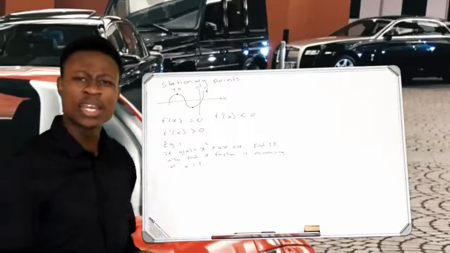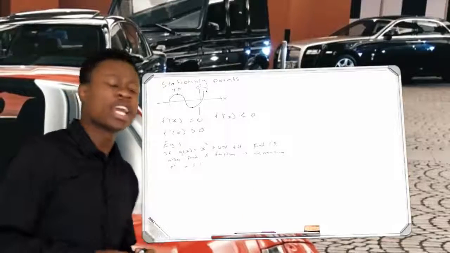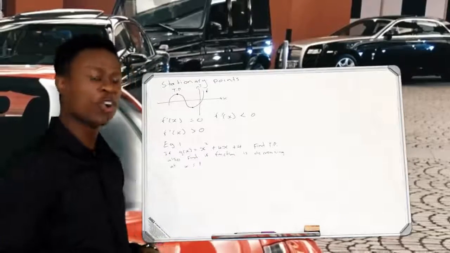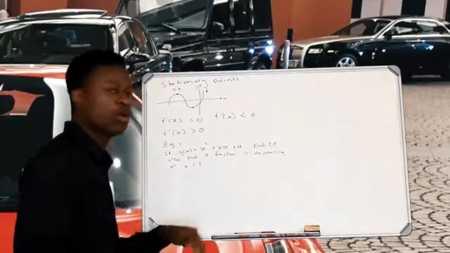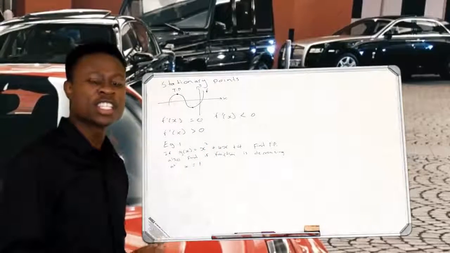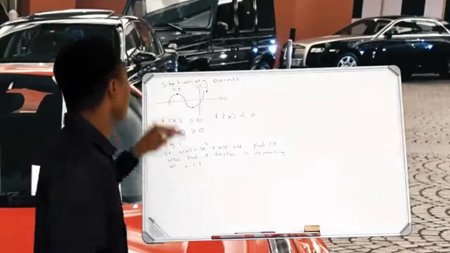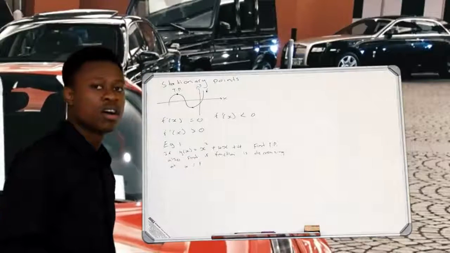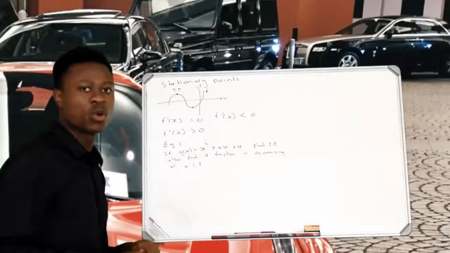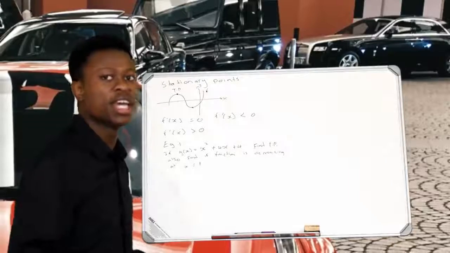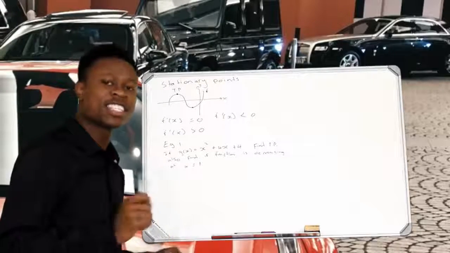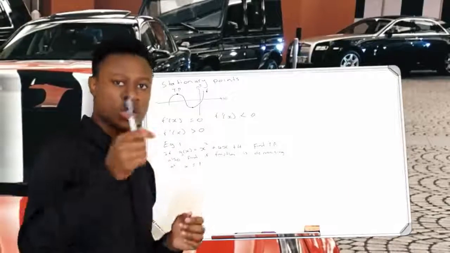Does that look complicated? It might look complicated, but it's not that hard. It's pretty straightforward, if you think about it. What was the rule that I stated first that I said you will use a lot? I said that f prime of x is equal to 0. What does that mean? It means that at a stationary point, the gradient is equal to 0.